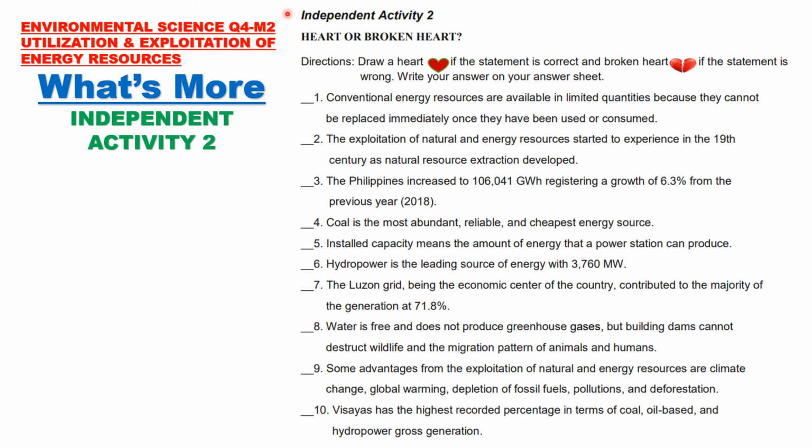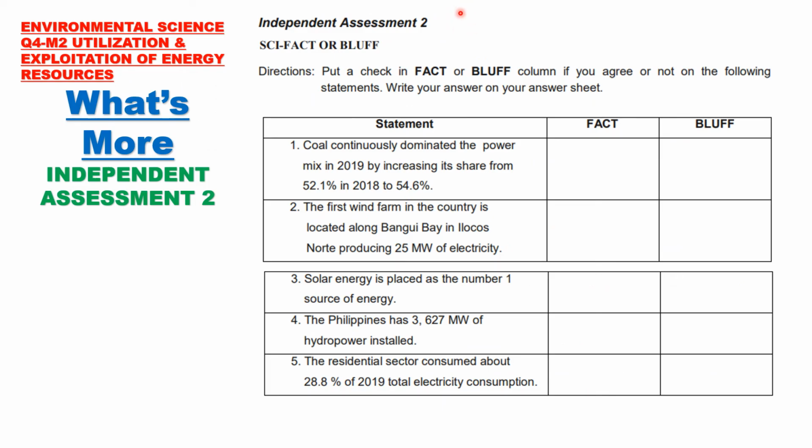Independent Activity 2. Directions. Draw a heart if the statement is correct and a broken heart if the statement is wrong. So write your answer on your answer sheet. Independent Assessment 2. Put a check in the fact or bluff column if you agree or not with the following statements. After reading statements 1 to 5, if you agree with the statement, put a check under the fact column.